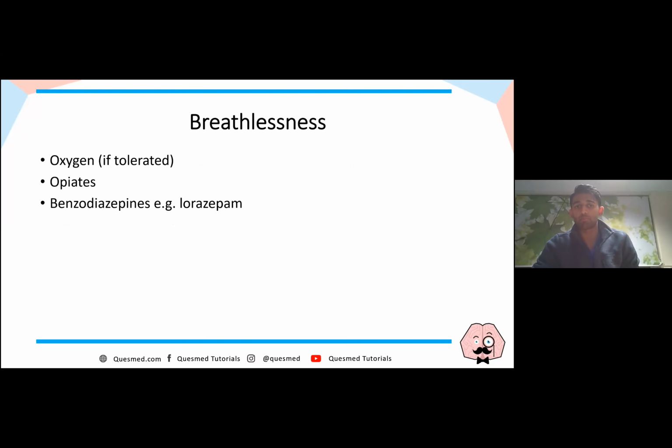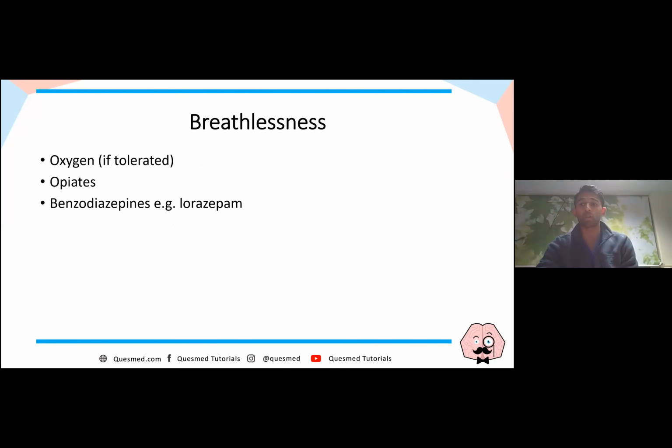And then finally, breathlessness. So, of course, again, the cause of breathlessness is important. If they're hypoxic, palliative oxygen is something we give quite commonly. We don't generally rush with non-rebreathe or really, really high flows, but nasal specs, a venturi face mask, if they are comfortable with it, is quite common.